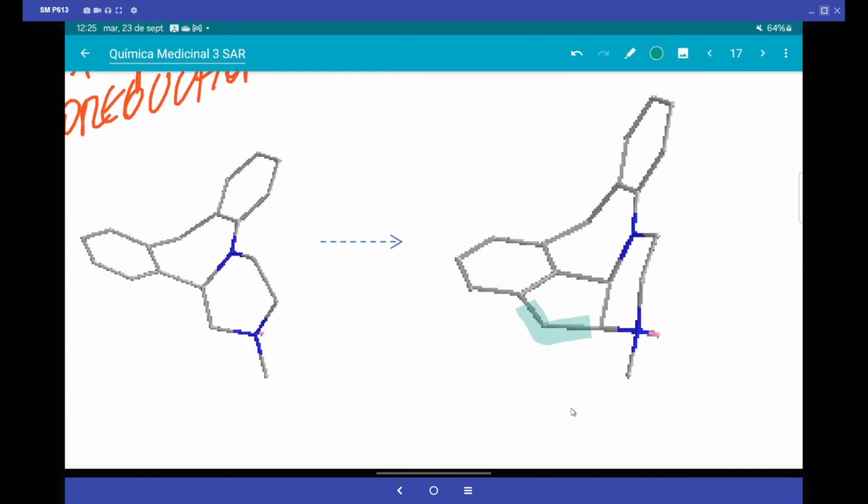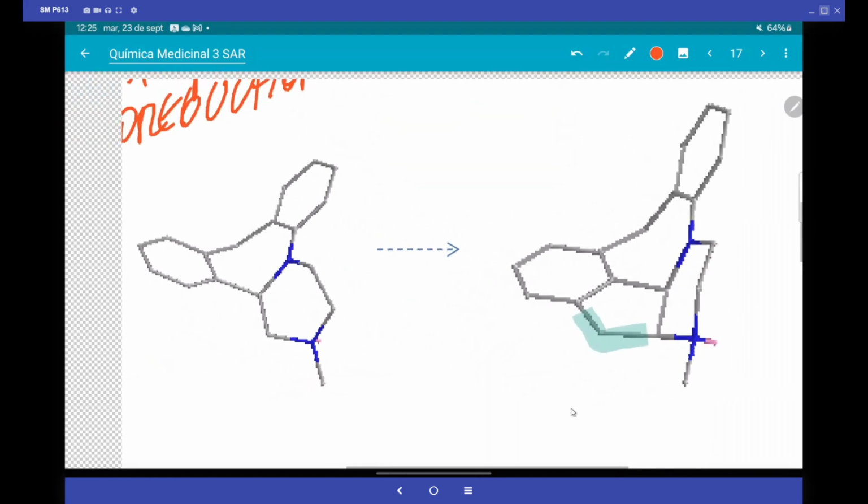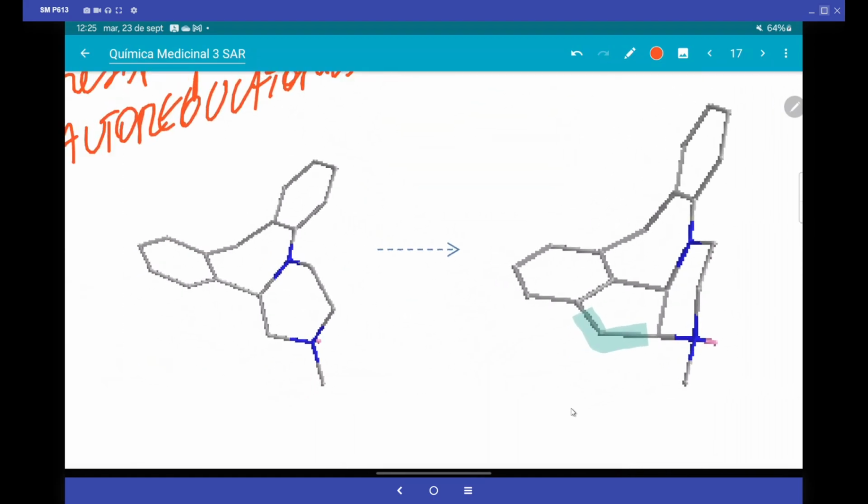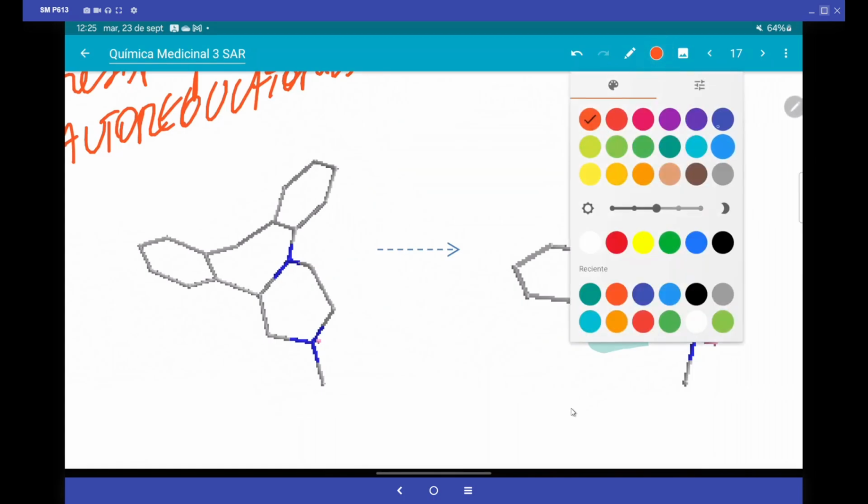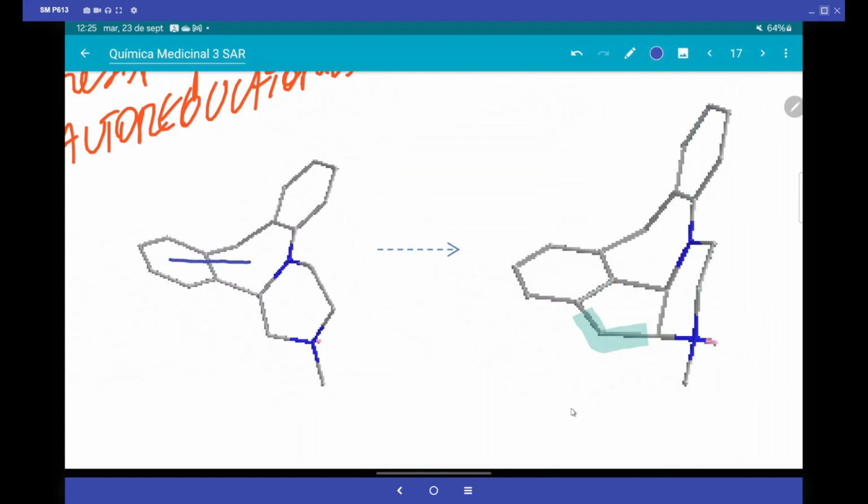The pi-stacking interactions are lost, and polar interactions are lost, because look. It is different. Here there is a dihedral angle that is different from the angle that we now have. It closed a little more on having the ring.